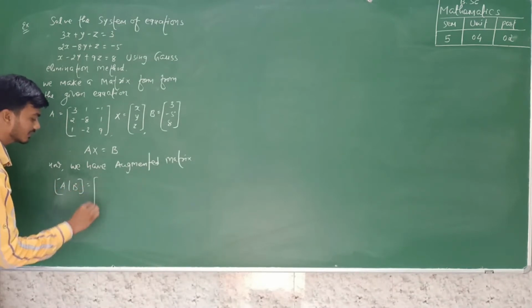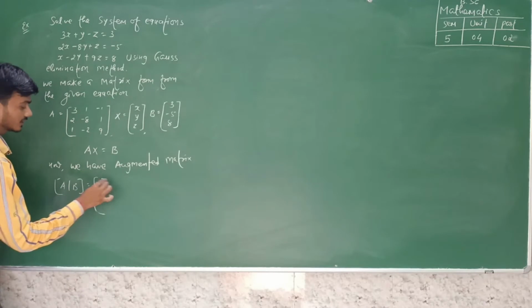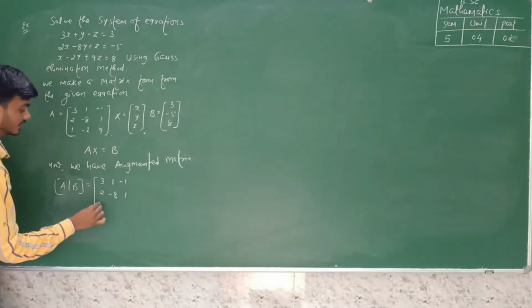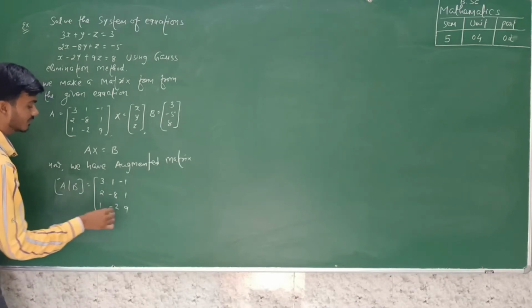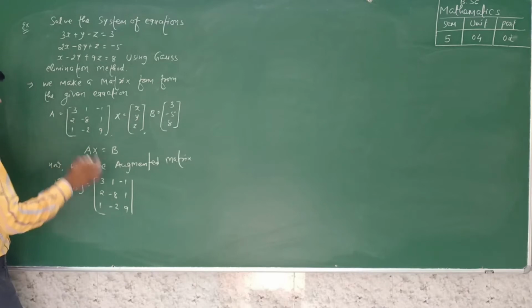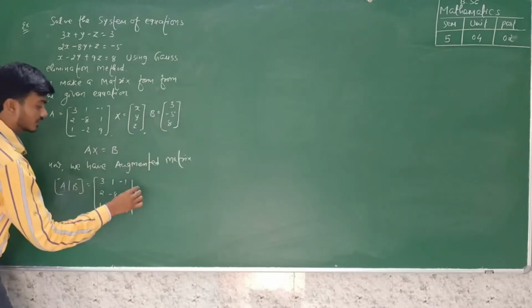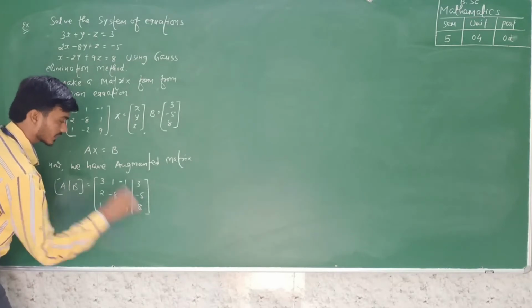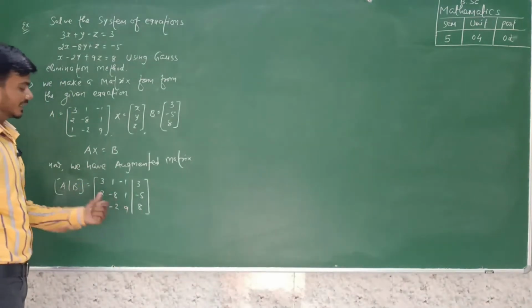So this can be written like this: 3, 1, minus 1; 2, minus 8, 1; 1, minus 2, 9, augmented with B. A means this matrix, B means 3, minus 5 and 8. This is an augmented matrix.